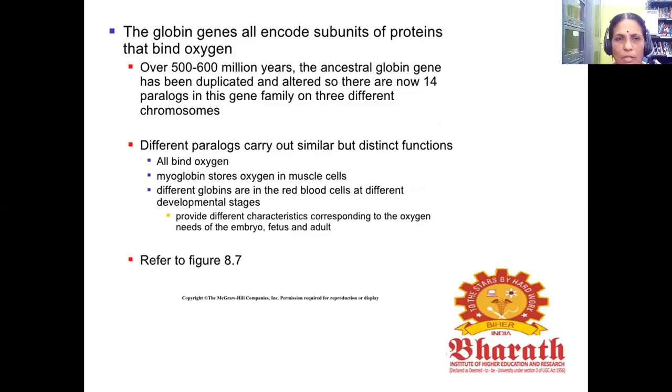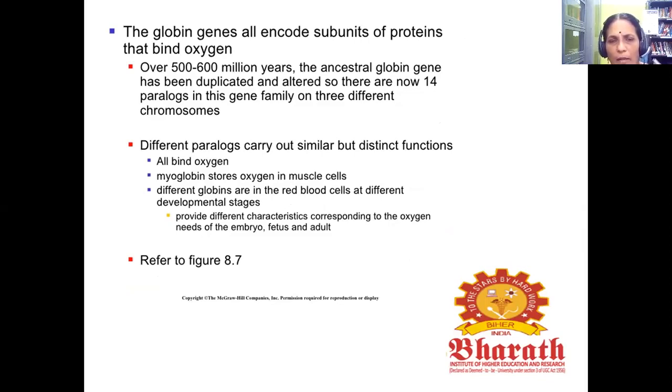The globin genes all encode subunits for proteins that bind oxygen. Over 500 to 600 million years, the ancestral globin gene has been duplicated and altered. So there are now 14 paralogs in this gene family on 3 different chromosomes.